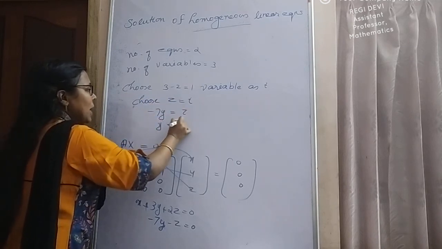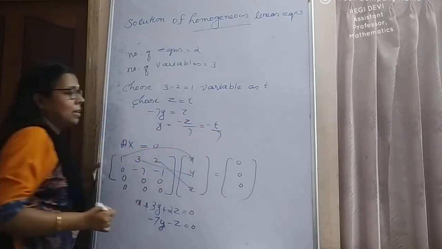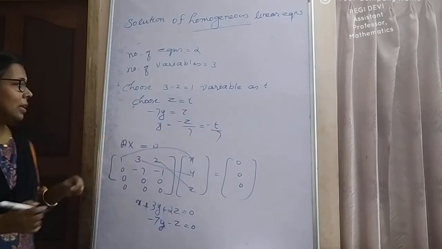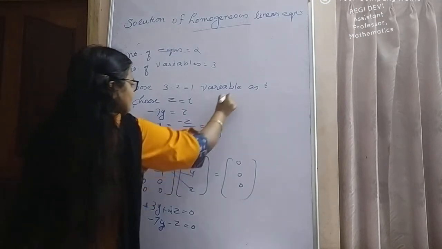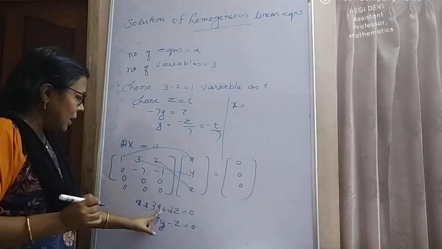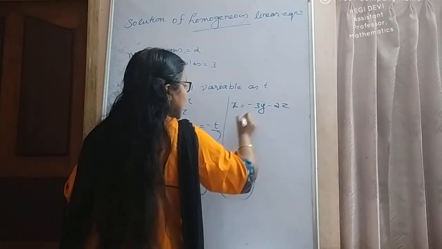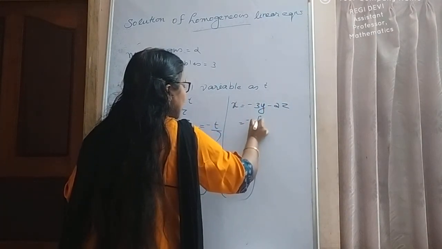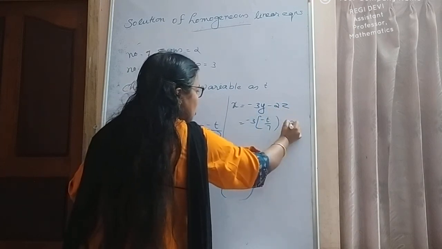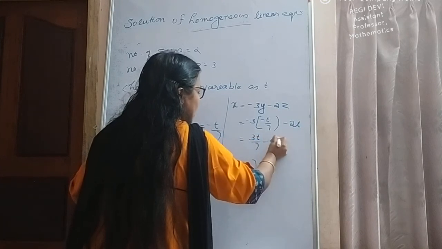With z equal to t, minus 7y equals z, so y equals minus z by 7, that is minus t by 7. We get the value for y. Then what about x? x equals minus 3y minus 2z. That is minus 3 into minus t by 7, minus 2t, that is 3t by 7 minus 2t.